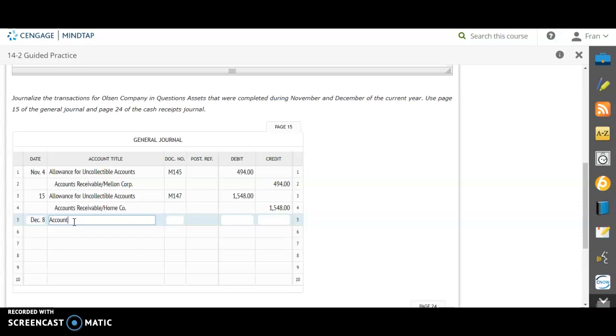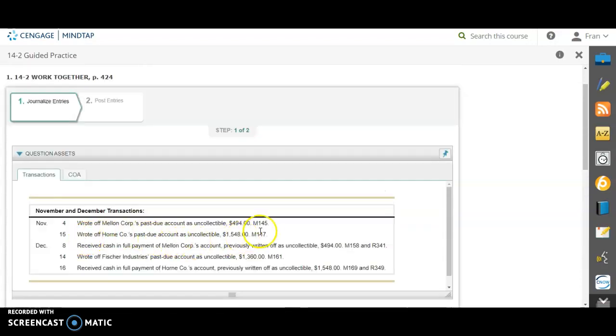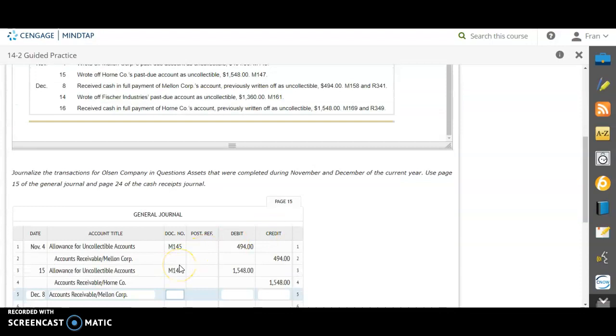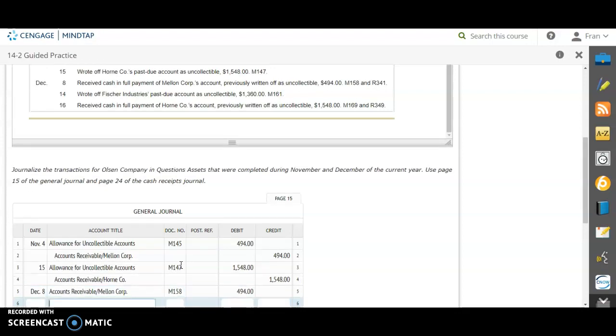accounts receivable, Mellon Corporation, and that is going to be M158. And it's the $494.